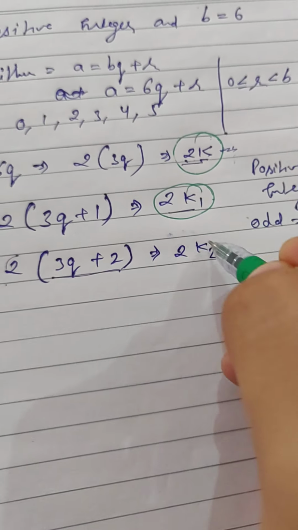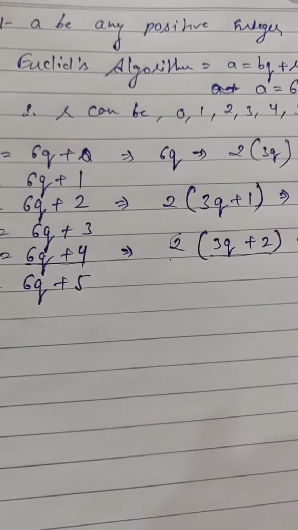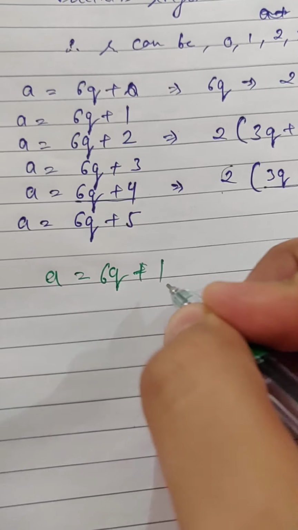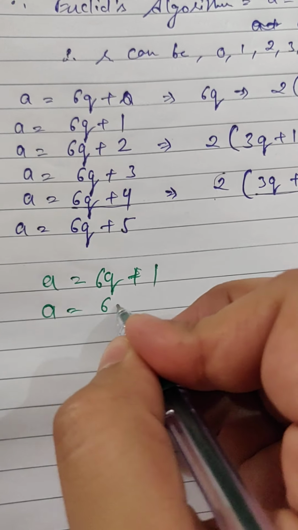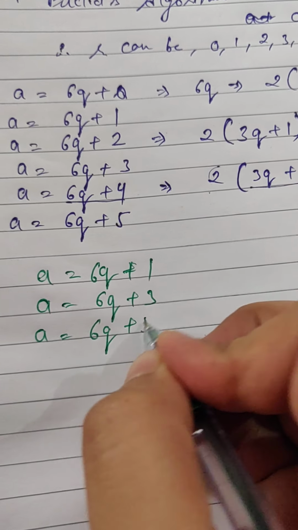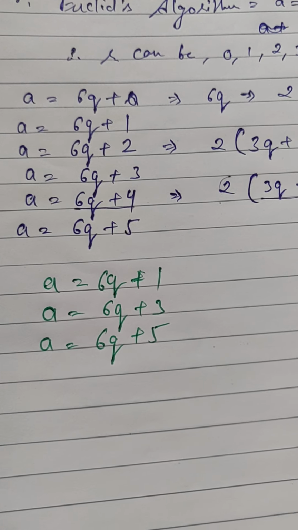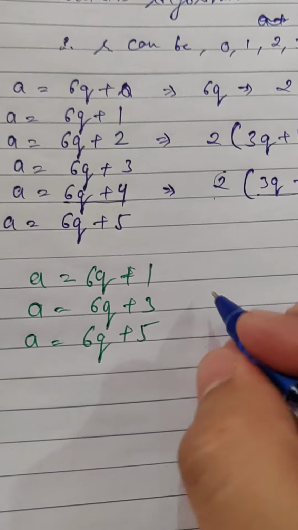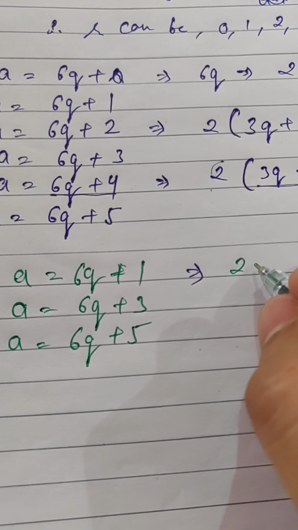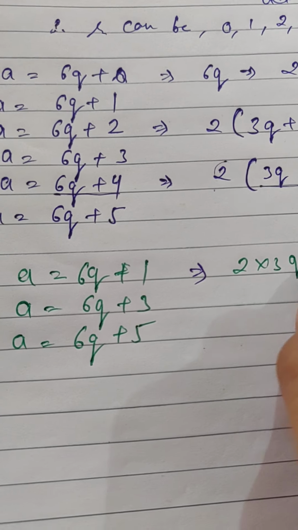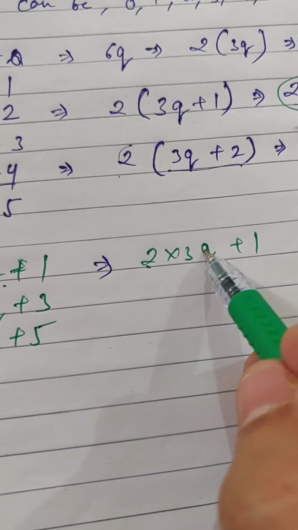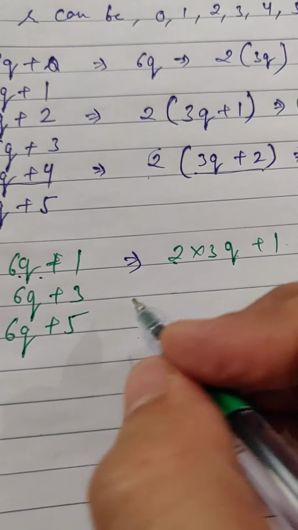Now we are left with a = 6q + 1, a = 6q + 3, and a = 6q + 5. So what we can say is that if we are taking 2 over here, we can write 3q + 1, isn't it? 6q, so 2 into 3q, 6q + 1.